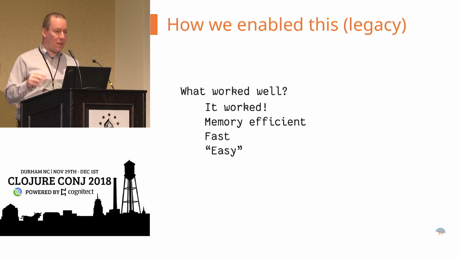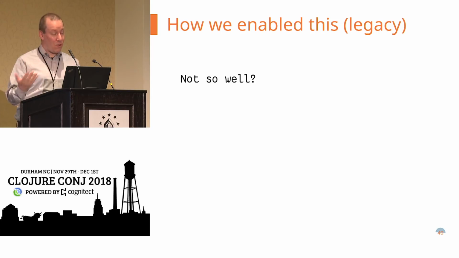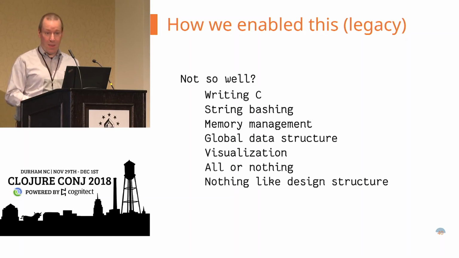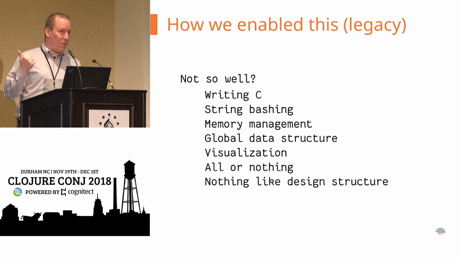And so there was the near-at-hand aspect of this, but there were certainly things that didn't work real well. We had folks who weren't Dennis Ritchie writing a lot of C code. A lot of the C code was having to name things, and so we were bashing strings with the standard C library, which ran into memory management problems.